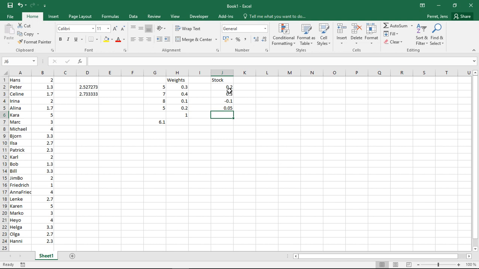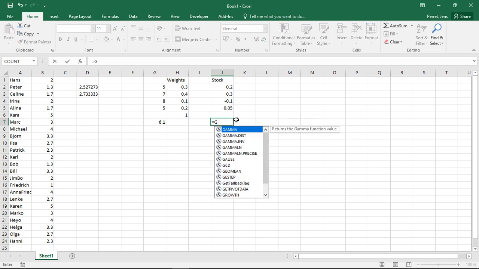I want to get the average of these. Let's simplify this: growth rates. Growth rates could be stock returns, interest rates, or whatever signifies change. So let's call them growth rates for simplification, and I want to have the average of them.